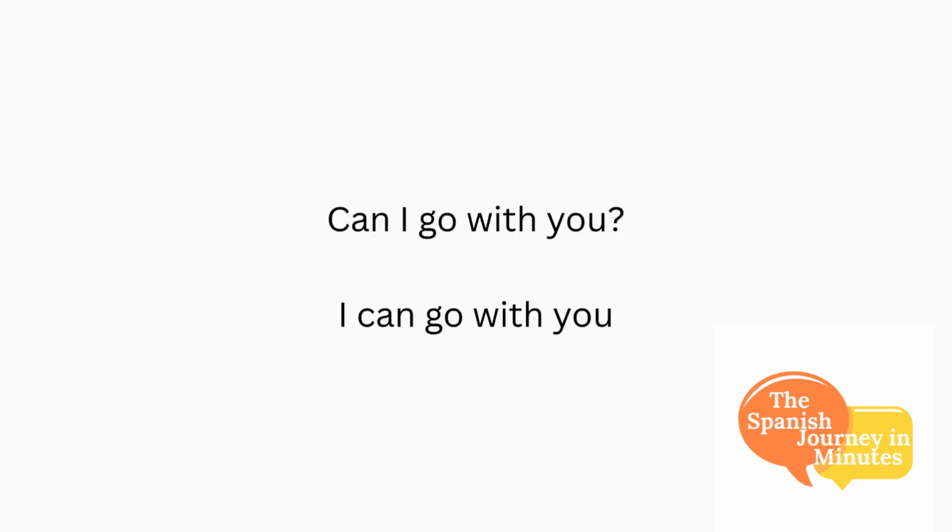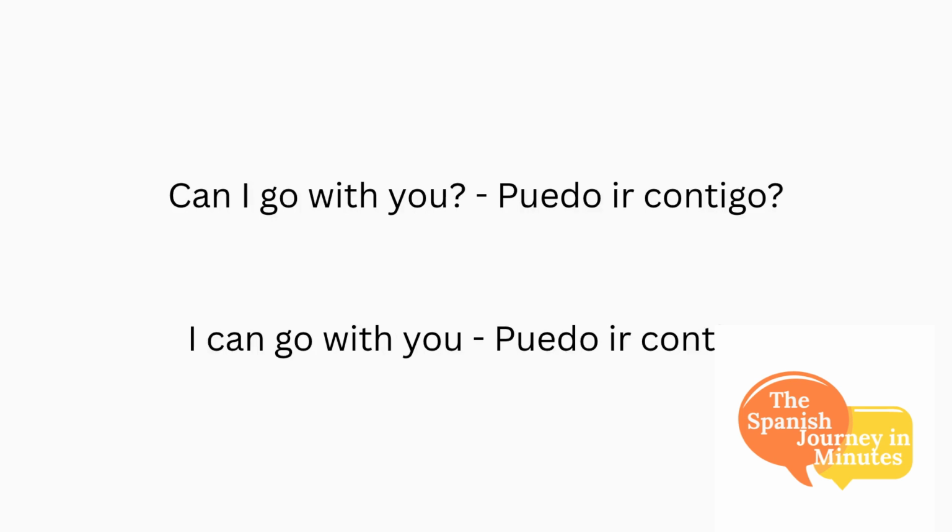Now remember, you need to flip it in English and say, can I? Right? And the affirmation is, I can. But we don't do that in Spanish. So if we say, can I go with you? Or I can go with you. As you can see, we use the exact same words and the exact same order. The only difference, at least here where you can read it, is the question mark.